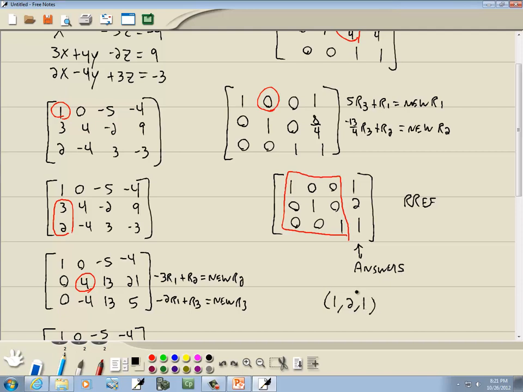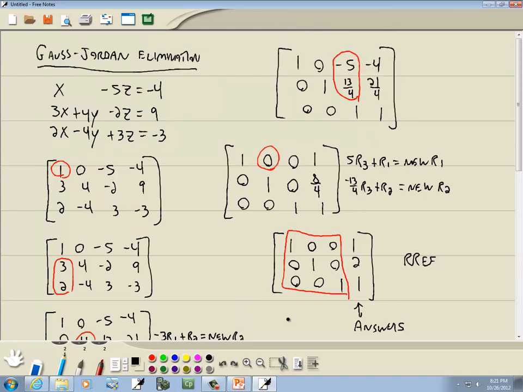X, Y, Z. If you're wondering the order of your answers, the reason why this is X and this is Y and this is Z is because that's the order I put into my matrix. I put the x's in the first column, y's in the second, z's in the third. So this has to be x, this has to be y, and this has to be z. And we get the same answer as we did before.